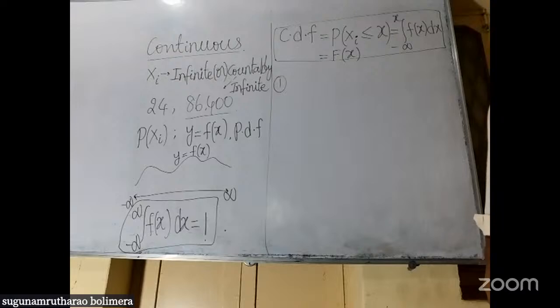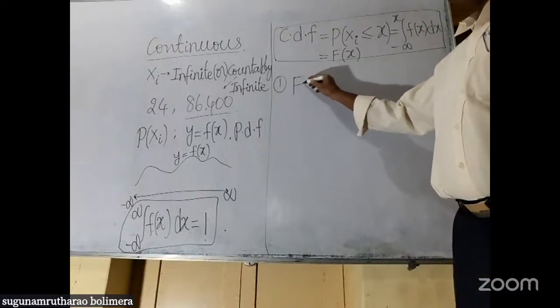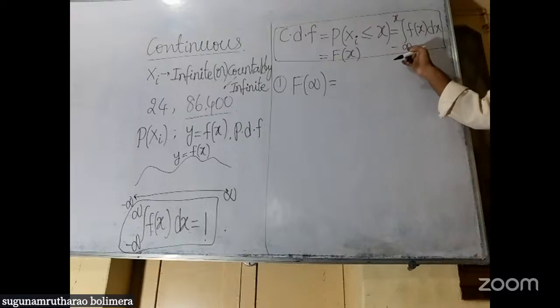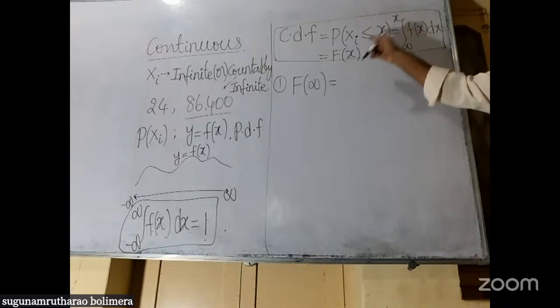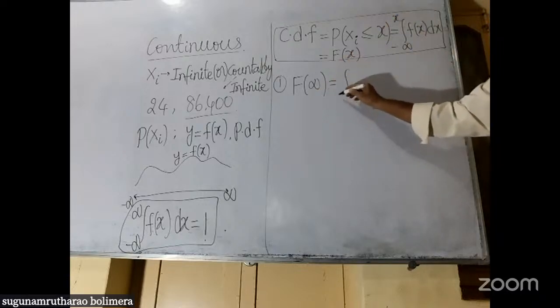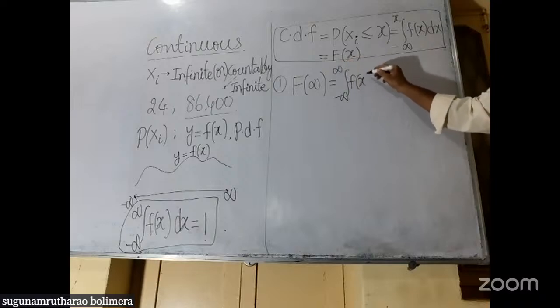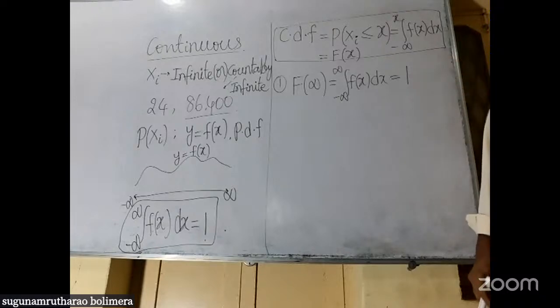The first property is capital F of infinity equals, you have started at minus infinity and ended at x, x means infinity, the integral from minus infinity to infinity of f of x dx. Always equals 1.